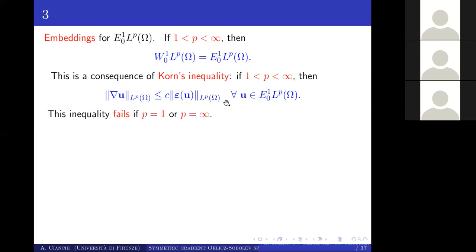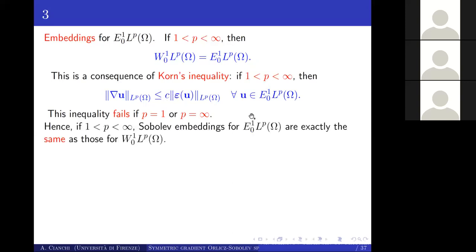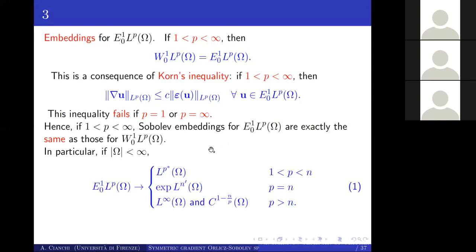Let me remind you that, on the other hand, this inequality is false if p is one of the two endpoints, which means p equals 1 or p equals infinity. Now, because of Korn's inequality, the Sobolev embeddings for E^{1,p} are exactly the same as those for W^{1,p}. In particular, this symmetric gradient space is embedded into L^{p*}, where p* is the standard Sobolev conjugate np over n minus p, if p is between 1 and n.